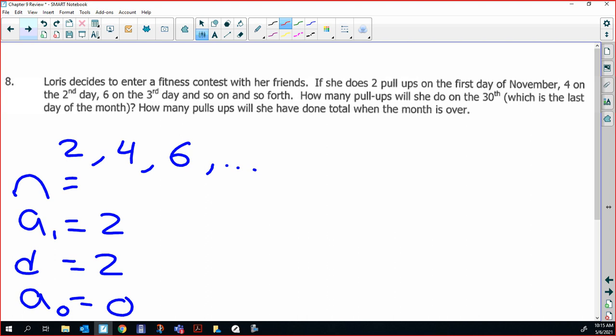All right. How many will she do on the 30th, which is the last day? So that's n equals 30. Day 1 through day 30. We're going to find the term. a sub n equals dn plus a0.